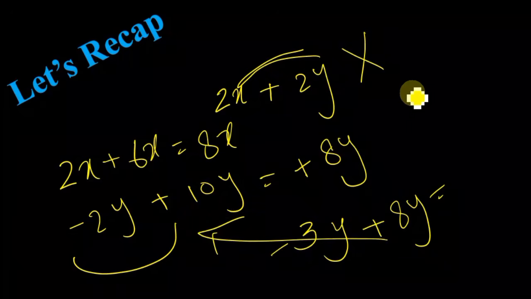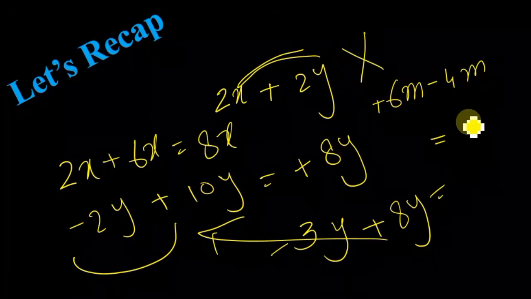Let's take another example. 6m plus minus 4m. So what will be your answer? Your answer is 2m. And what will be the sign? The sign of the larger value, that is plus. So we need not write plus at the start of any algebraic expression. All these things we did in the previous lectures in the 6.a exercise.